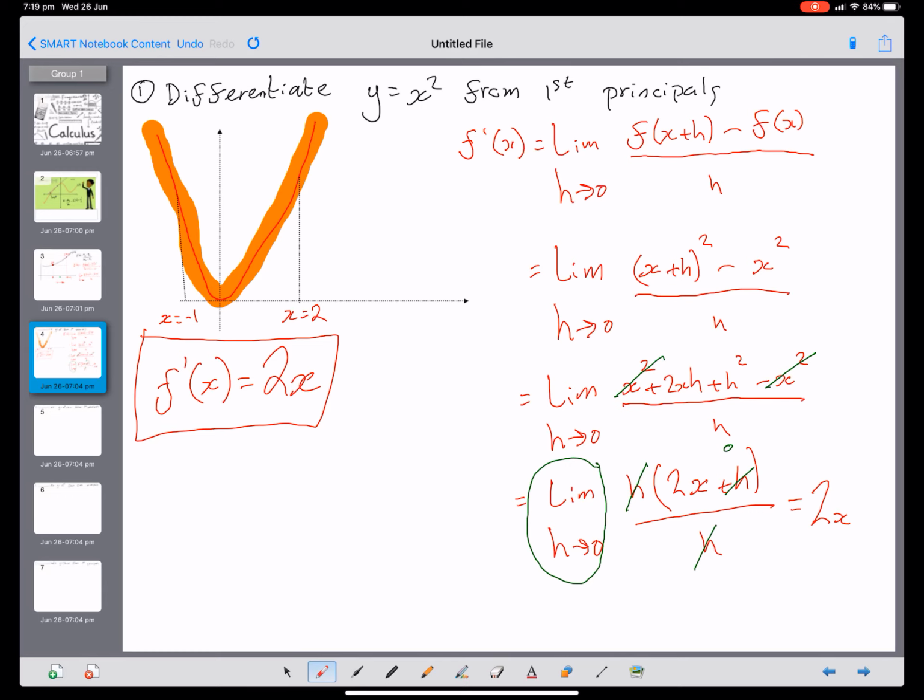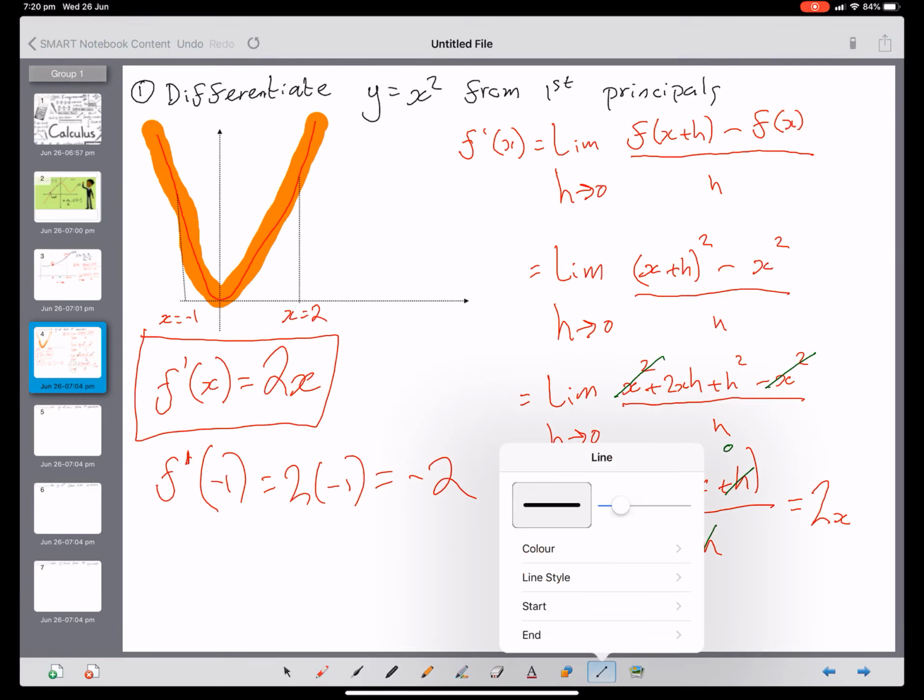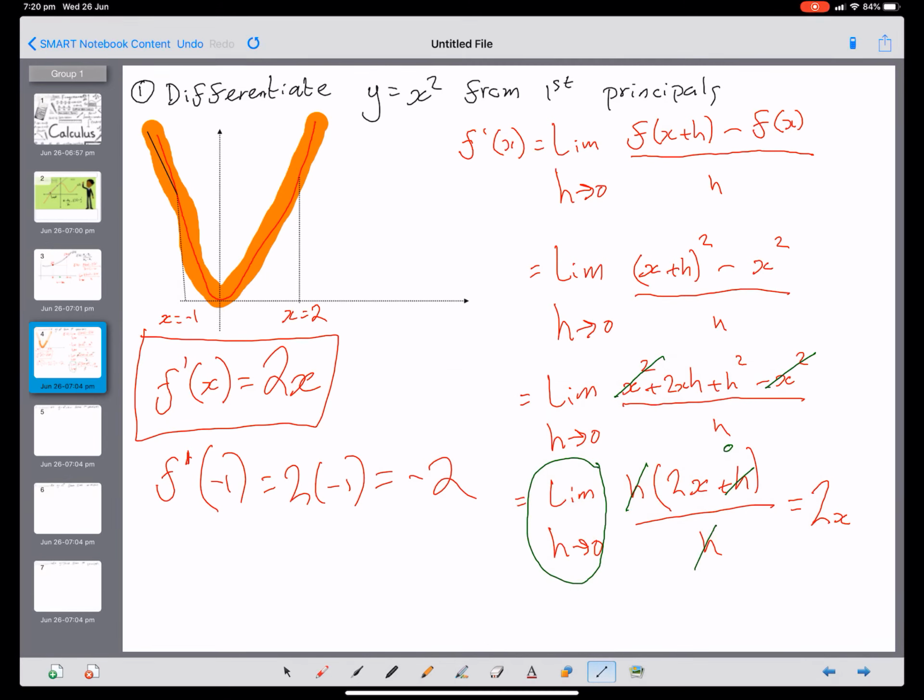So the gradient at -1 is simply 2 times -1, which is -2. So the gradient at that point, if we can draw in a tangent, is going to be -2.